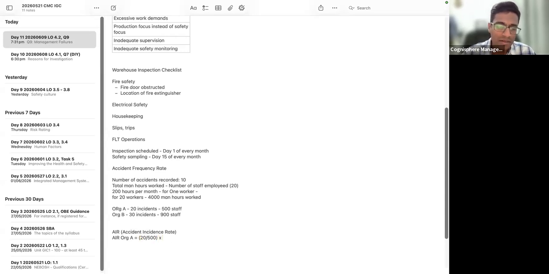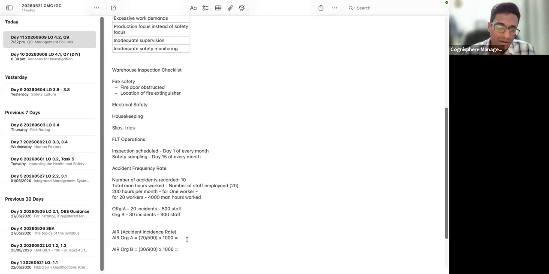For example, here 10,000 or 1,000. You find a value. Similarly, AIR for organization B equals number of incidents, 30, divided by staff employed, 900, and then we multiply using a multiplier of 1000. So now we need to find the AIR for both organizations.